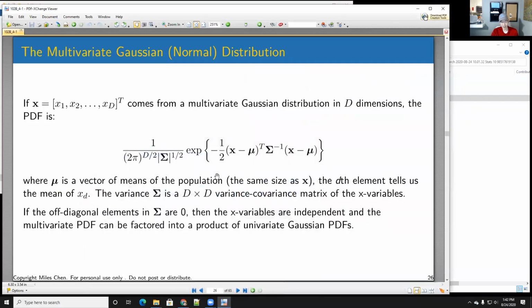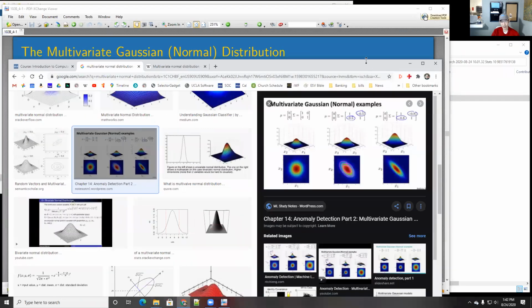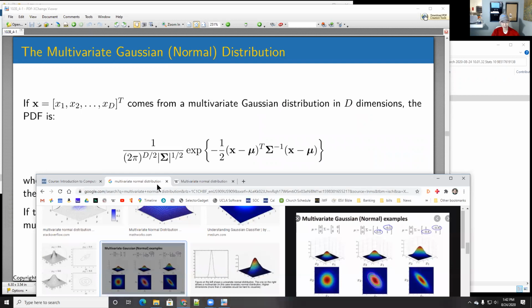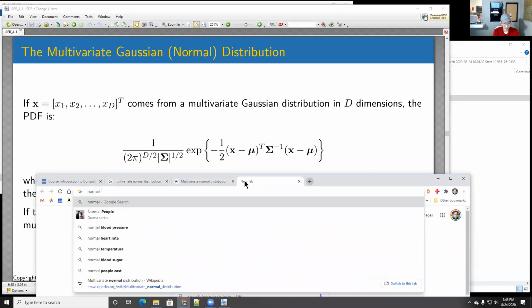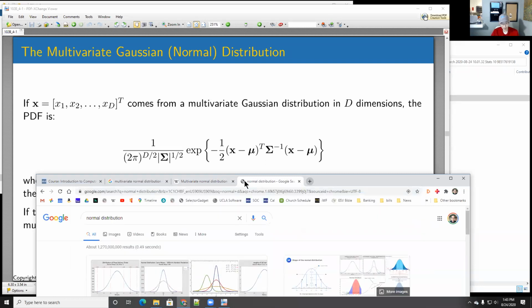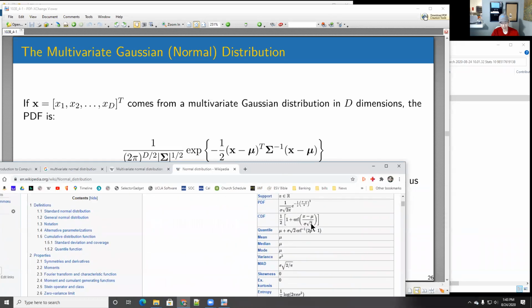All right. So this is the diagram, and to represent the multivariate Gaussian distribution using vector notation, this is what it looks like. Now, the PDF of the multivariate Gaussian looks a little intimidating at first, but it's not all that different from the PDF of the regular old normal distribution.